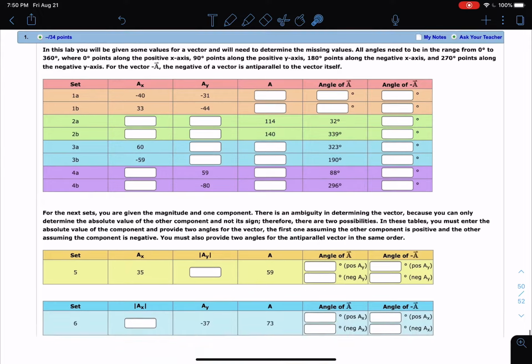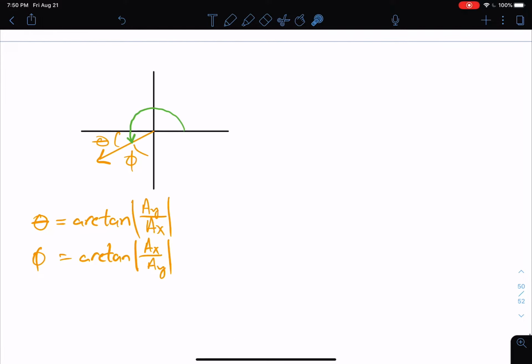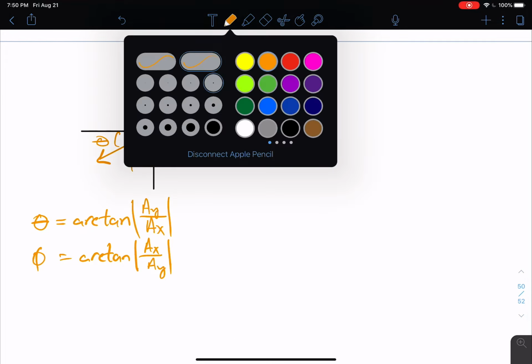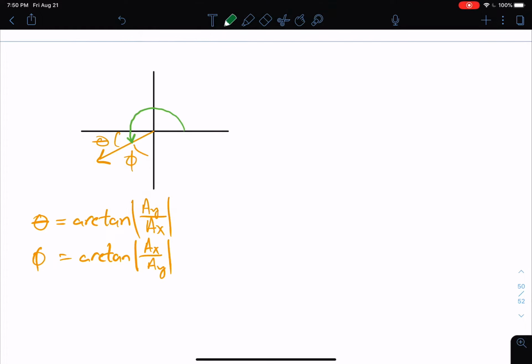If I'm drawing this one, I've got to go 0, 90, 180, 270, so 339 is going to put it somewhere over here. I'm just kind of guesstimating. So that's 339 degrees all the way around, going from here all the way around to there.